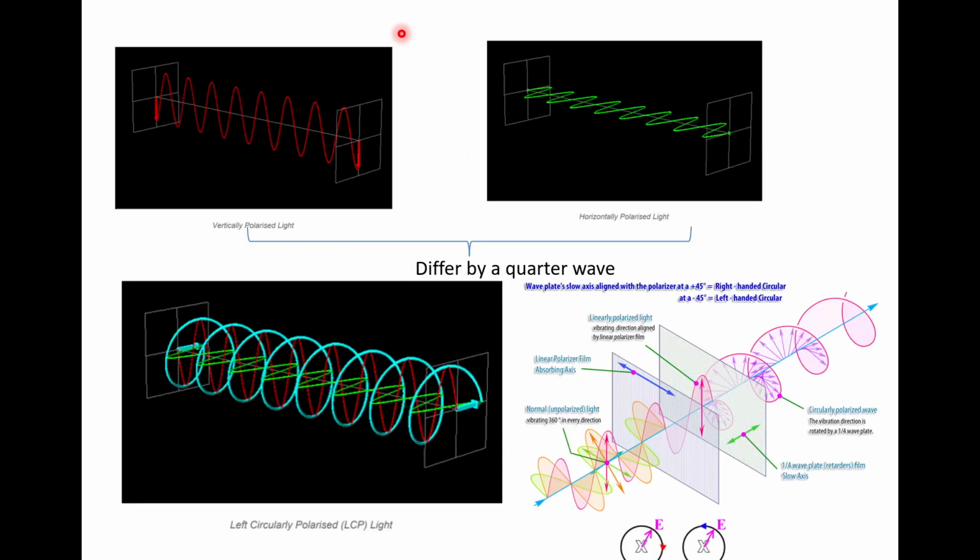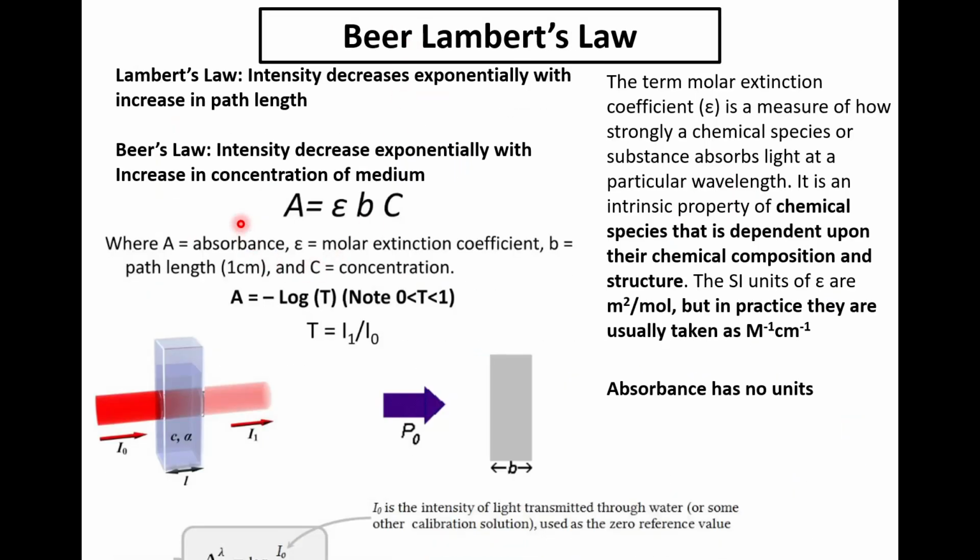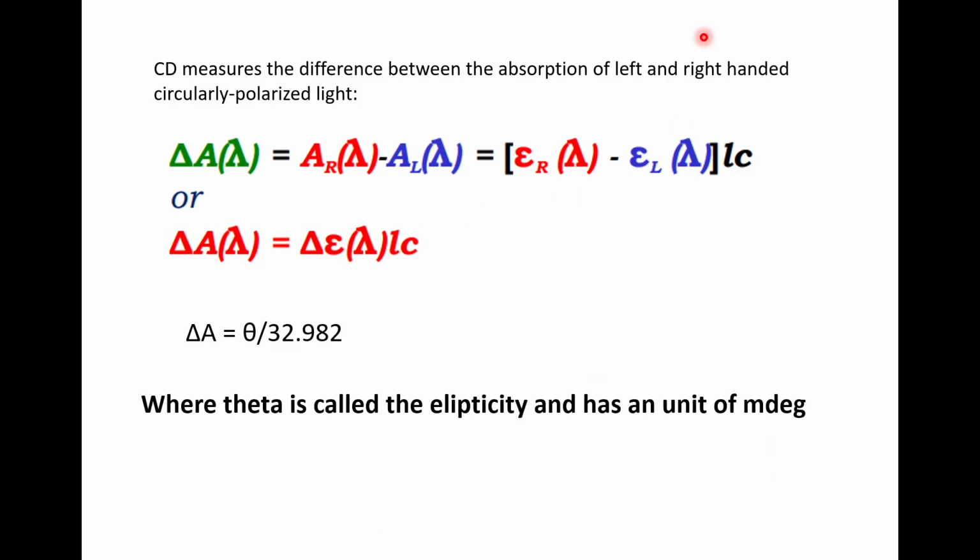Now, from the Beer-Lambert law, we found that A is epsilon CL, or here it is written epsilon BC, where B is the path length. So if you put that value here, the molar extinction coefficient for right-handed polarized light and left-handed polarized light will be different.